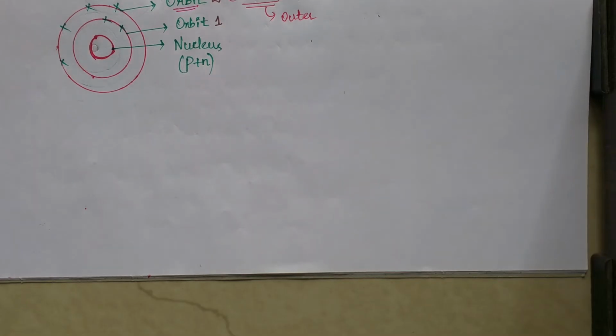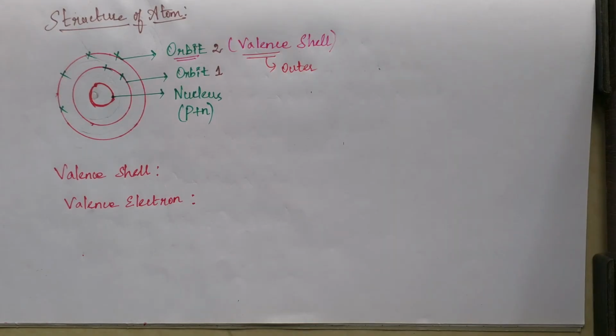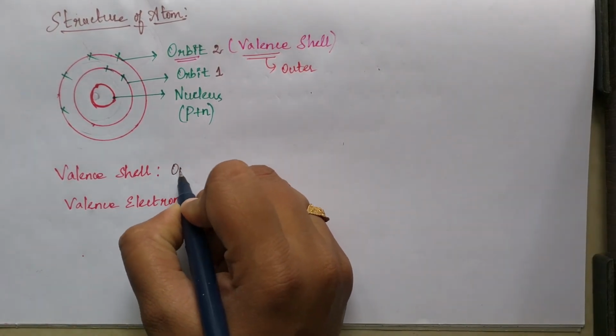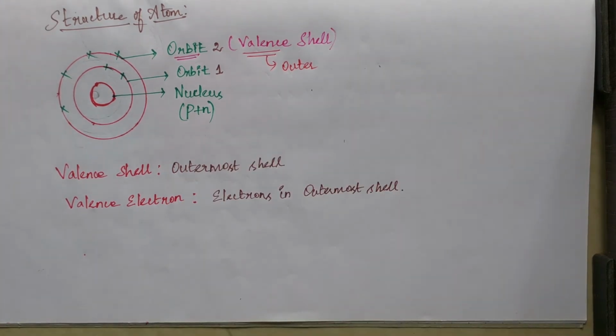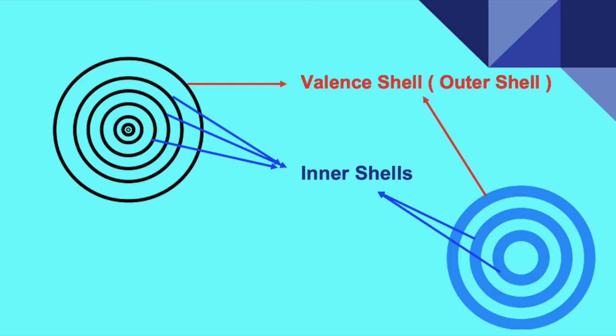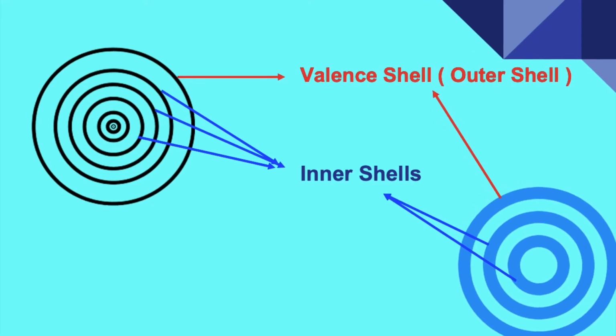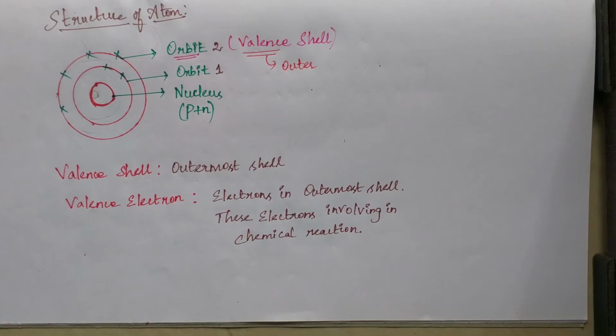Okay. Here two terms you should know. Valence shell is the outermost shell. Valence electrons means electrons in the outermost shell. Only valence electrons are involved in the chemical reaction, not the inside electrons, that is orbit 1.